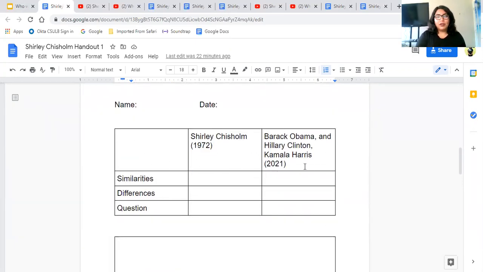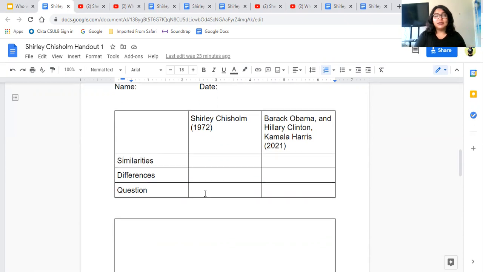Here's a diagram I want them to complete as well. I want them to list a similarity between Shirley Chisholm in 1972, and 2021 with Barack Obama, Hillary Clinton, Kamala Harris, and some of their differences. And for number three, I want them to ask a question. If they were able to ask a question to each individual, what would they ask?